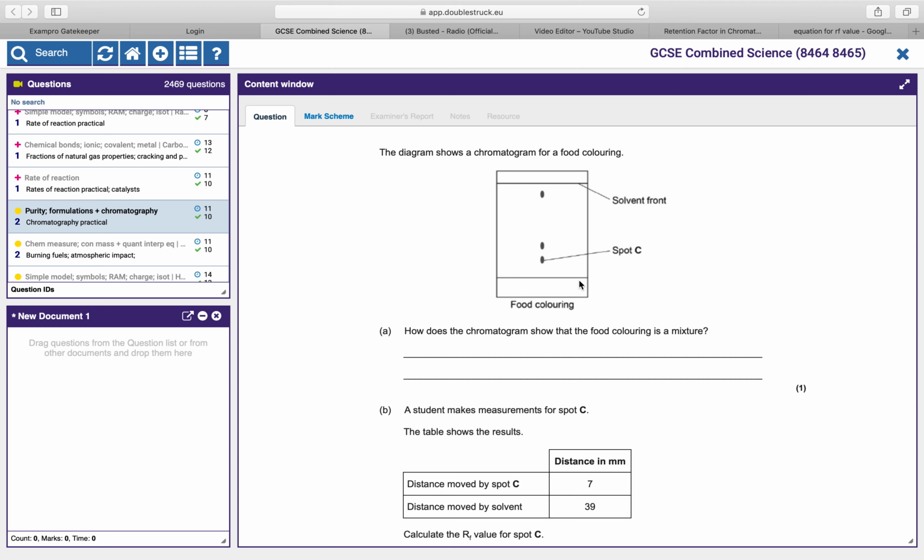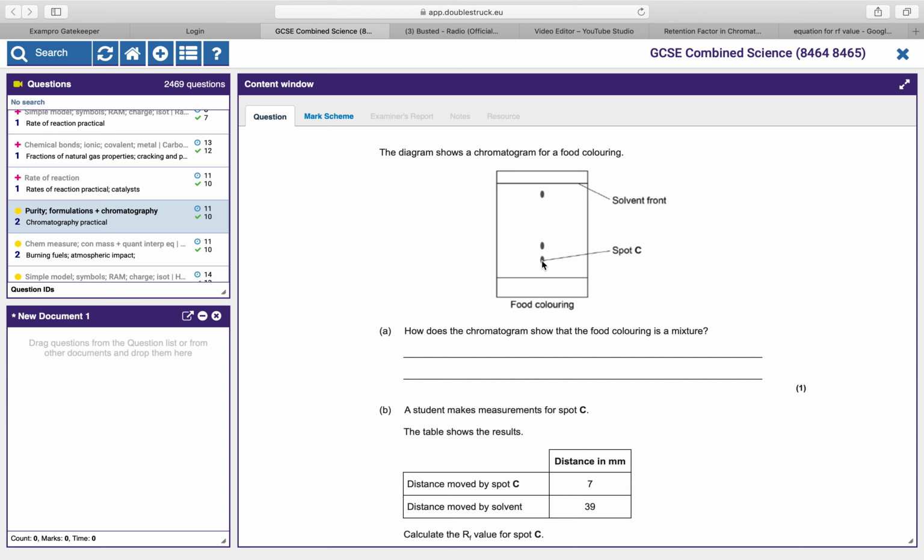You don't want it to dissolve in water, or in your solvent, whatever your solvent is. You don't want it to dissolve because otherwise it will carry it up as well and completely ruin your results. So you want that drawn in pencil, okay?